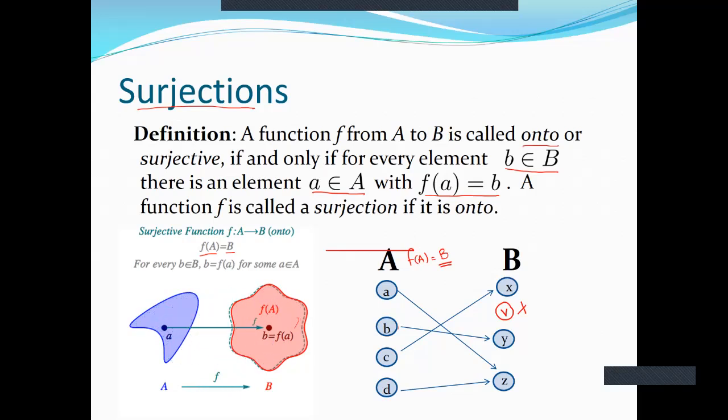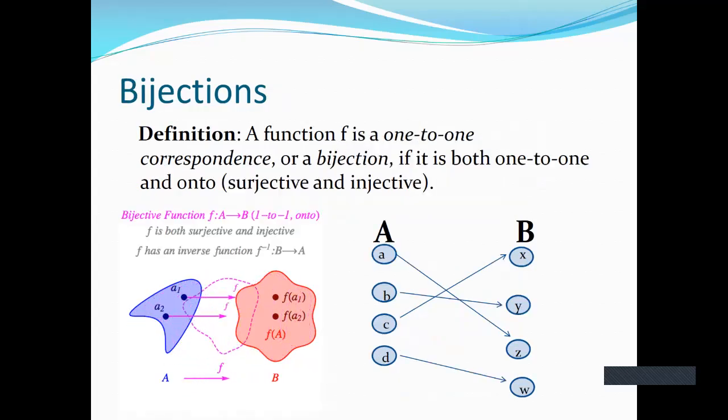One is the one-to-one. In one-to-one, the condition was that every image must have only one pre-image in set A. But in an onto or surjective function, the condition is that every element in set B must have a pre-image in set A. The third type of function is the bijective function, or the bijection.